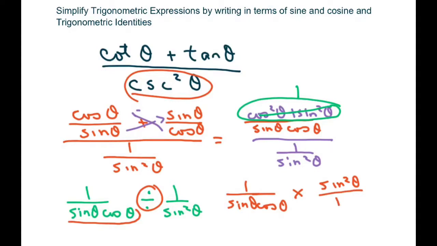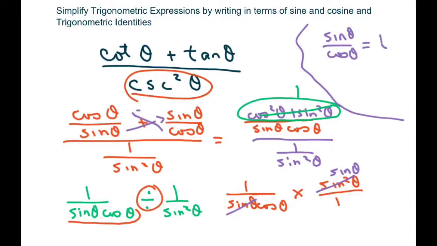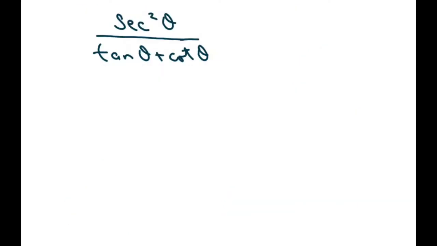So then what's going to happen is sine goes into sine squared 1 times. So you just have sine. And I'm going to come up in here, and that's going to be sine over cosine, and that equals tangent. And we simplified.